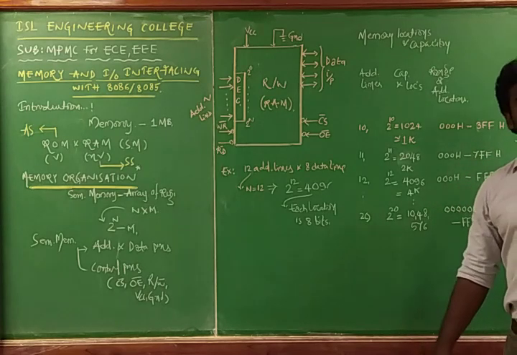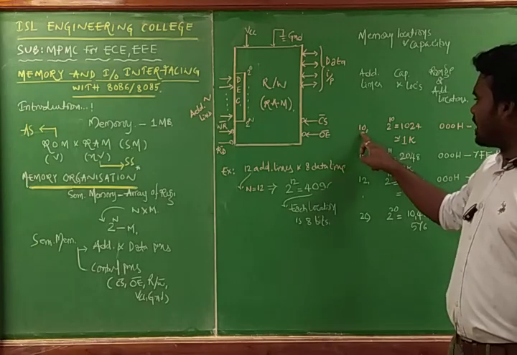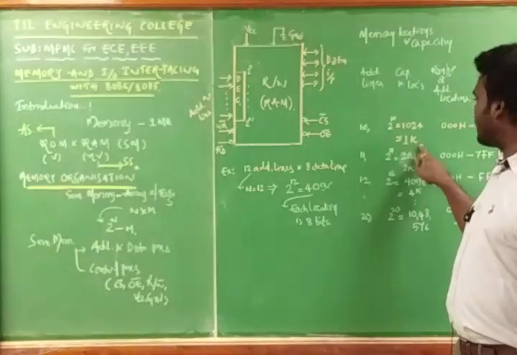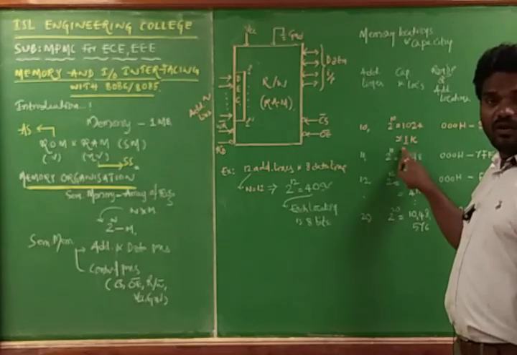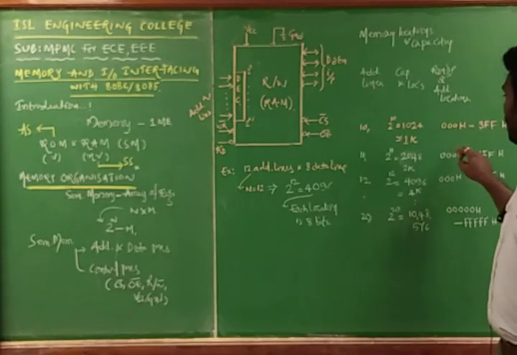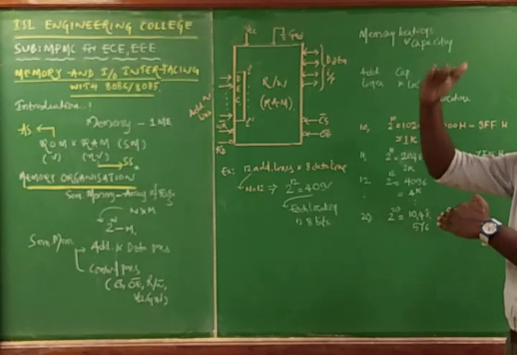H stands for hexadecimal number. Here we have 10 address lines, so the maximum memory is about 1 kilo, that means 1024 memory locations.